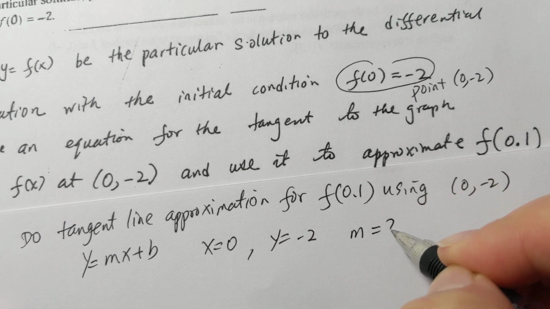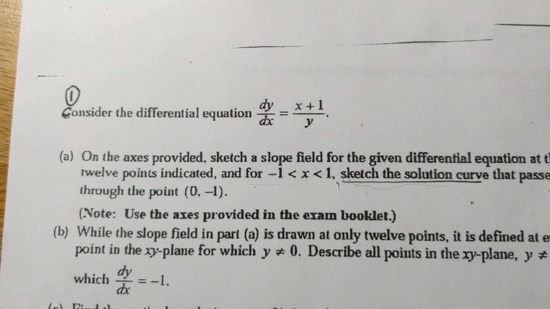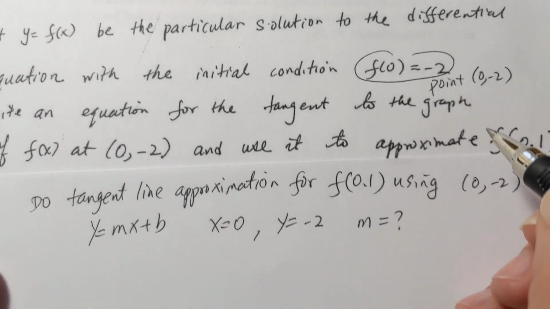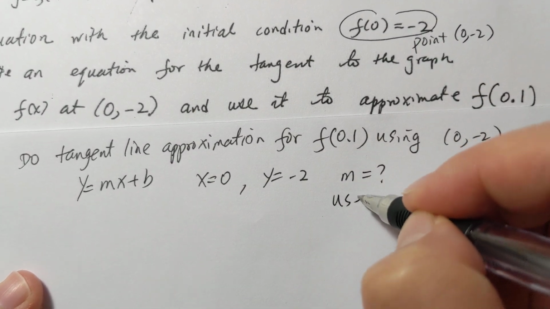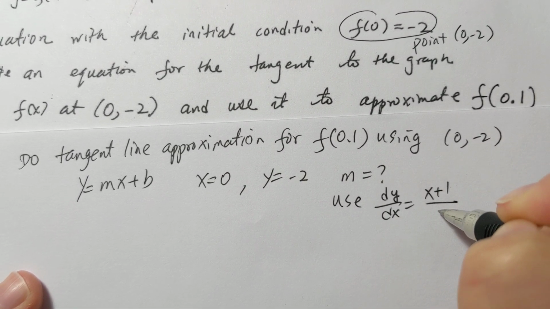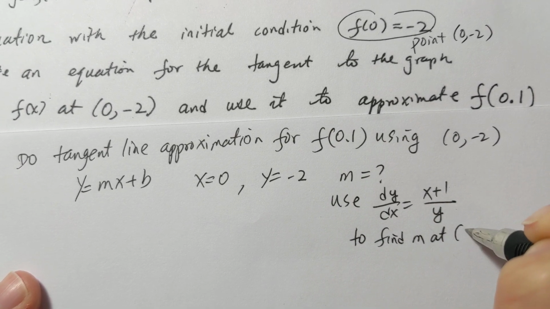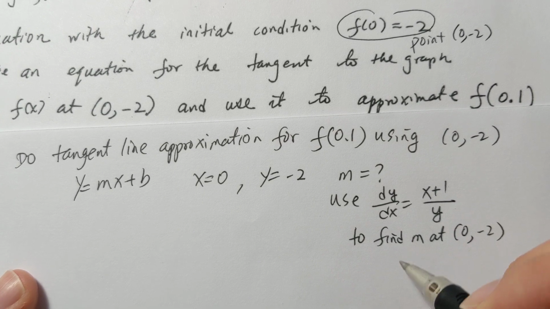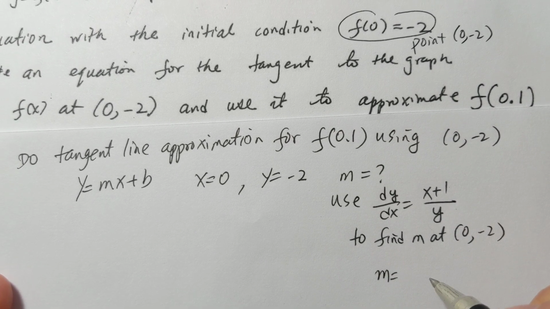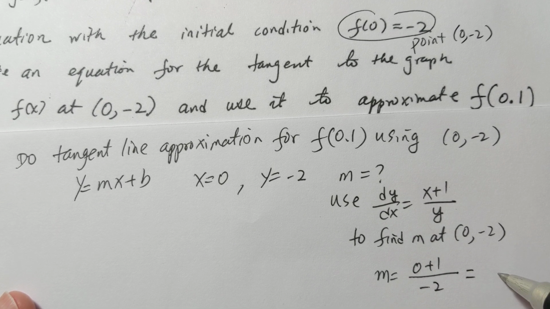How about m? If we recall the question, we already know m, which is dy/dx equal to (x plus 1) over y. So we're going to use that to find m at (0, -2). If you remember, we already did it before, but you can calculate again. We get (0 plus 1) over negative 2, which is negative half.